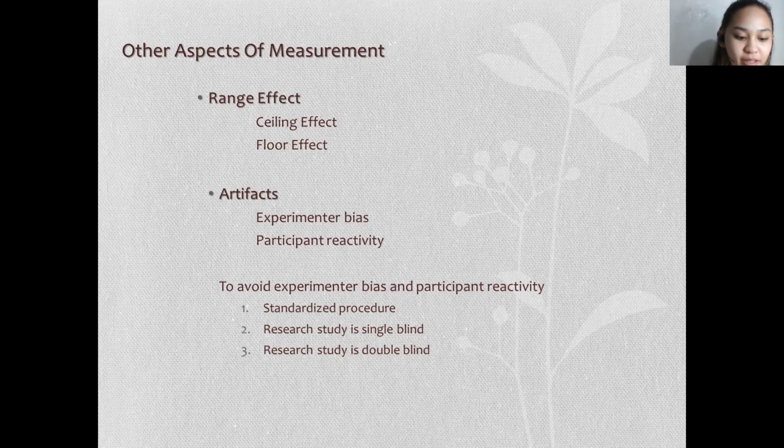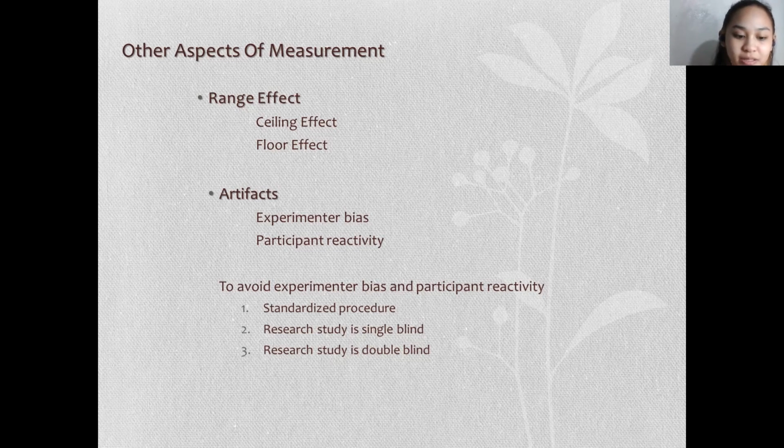Next is the experimenter effects, the way the experimenter influences the results. Example, kailangan verbatim mo nare-record yung sinasabi ng participants mo. Pero nagkaroon ka ng error in recording the data. Dahil dyan, magkakaroon ng effect yon sa result ng inyong research.